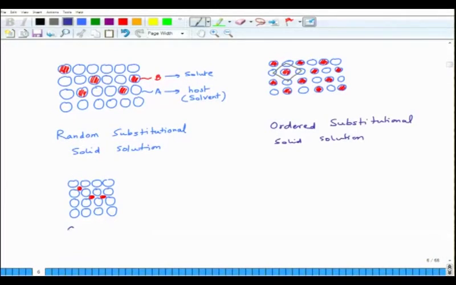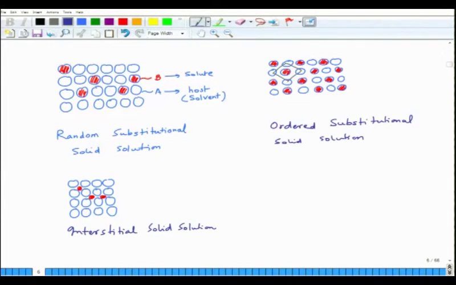So, this is called your interstitial solid solution. You can have ordering at the interstitial sites as well, as we will see in the case of, for example, silicon carbide or zinc sulfide, but it typically happens in ionically or covalently bonded solids.